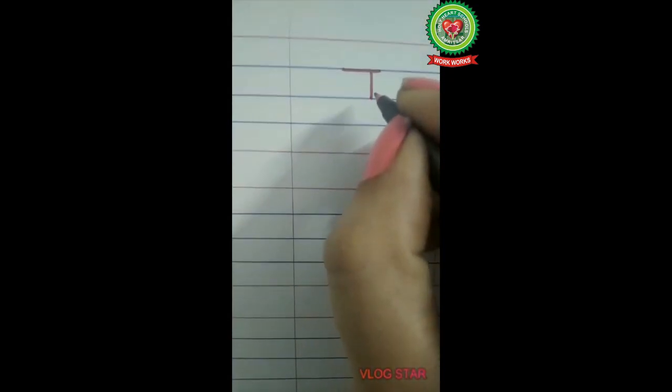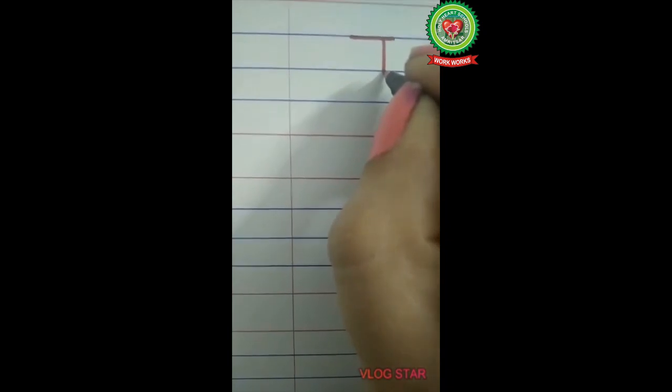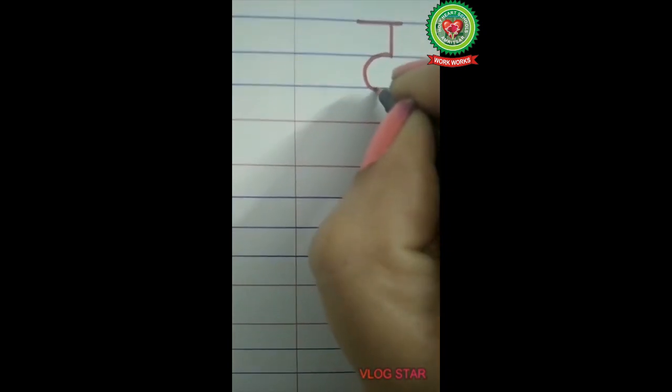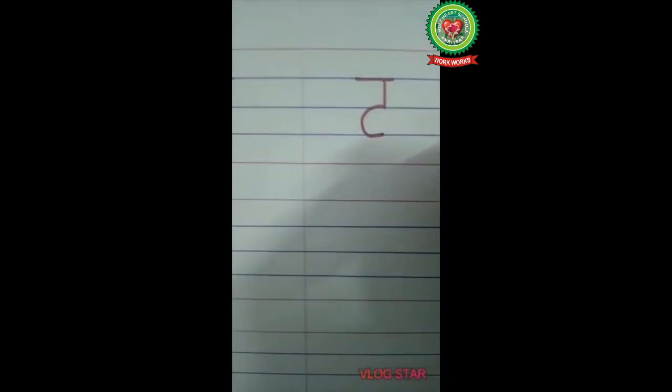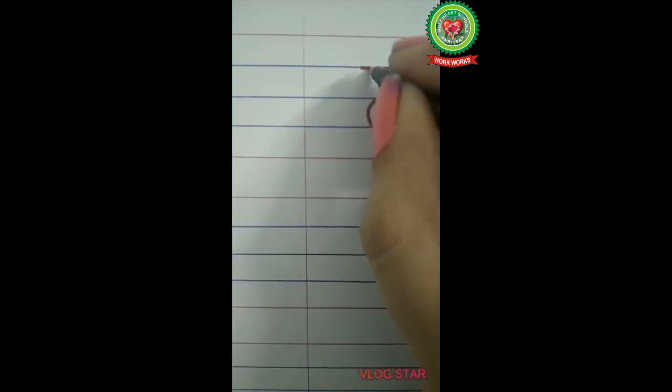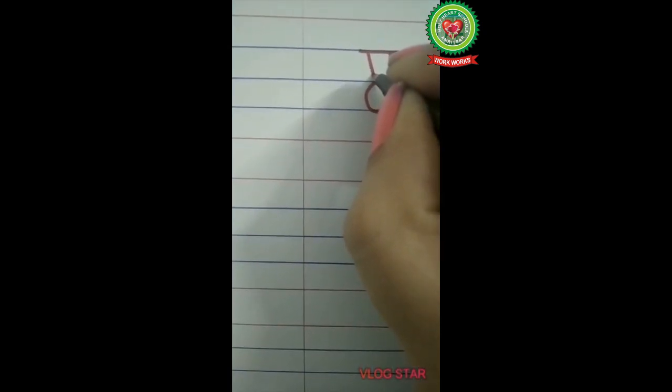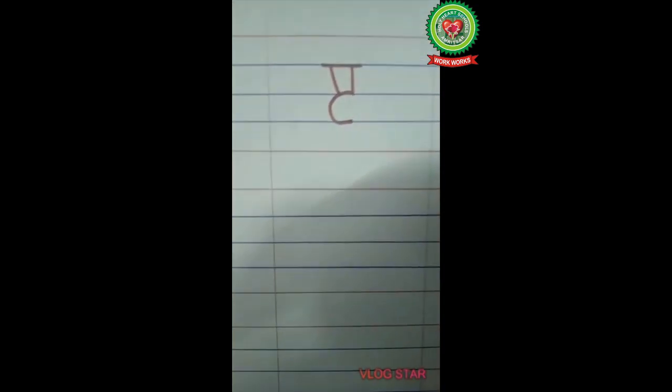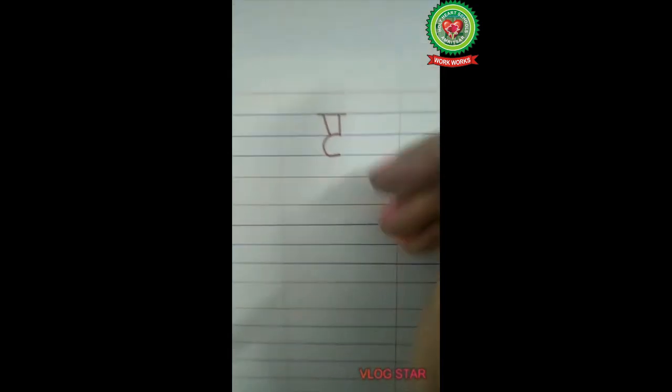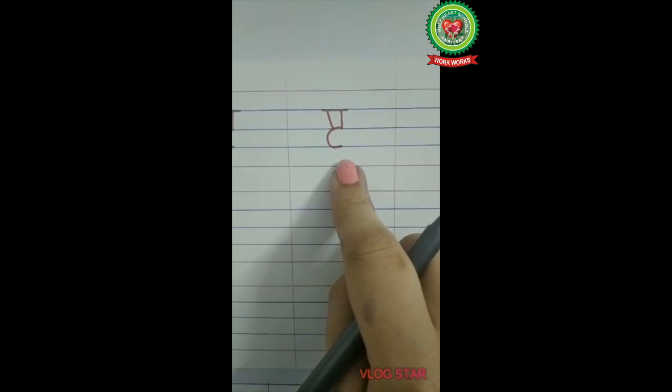First step is to draw a line, a sleeping line like this. Then a standing line. And then draw a curve like this. And the last step is to draw a line that should touch here. This is ED.